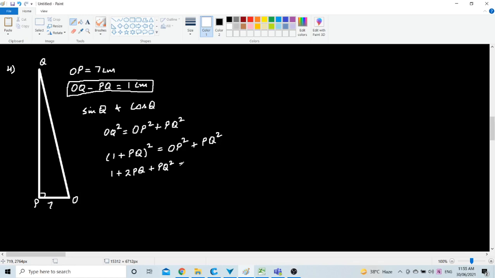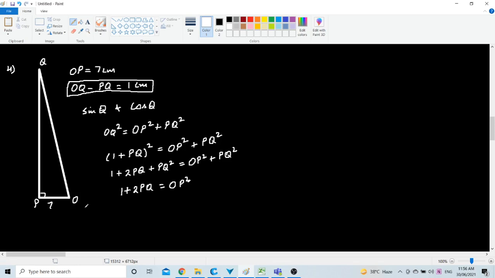Now we can take PQ square to the right hand side. So what will happen? 1 plus 2 times PQ will be equal to OP square. Now what is OP? This is 7.